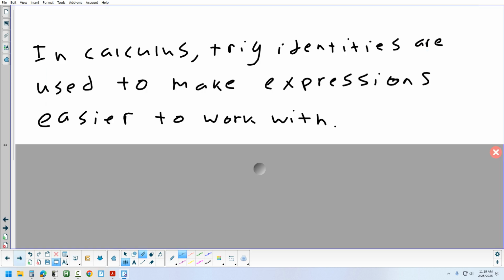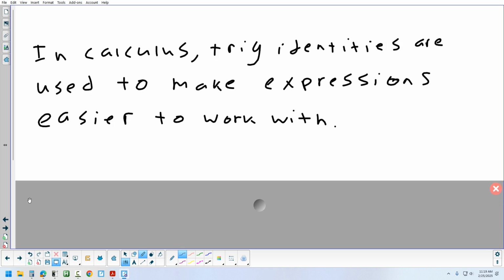So the part that we're doing with these problems is really just the trig part. We're taking a problem and we're going to simplify it. What you would actually be doing with that is calculus. Okay, so this would be like a step before we actually do calculus.